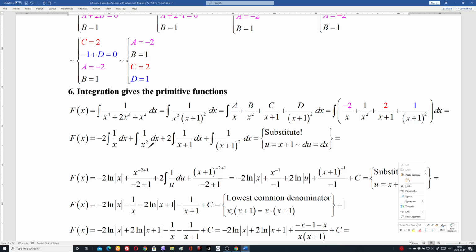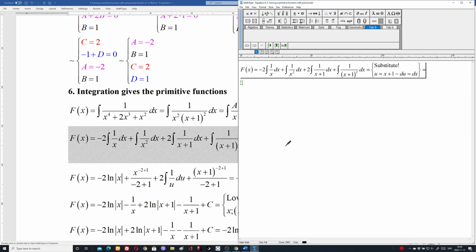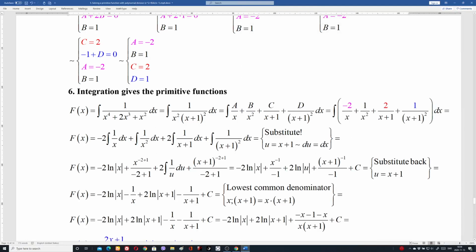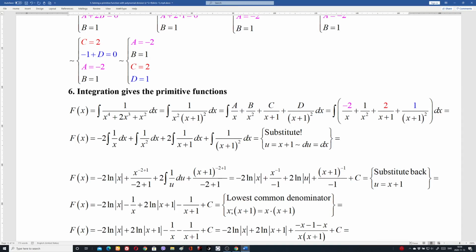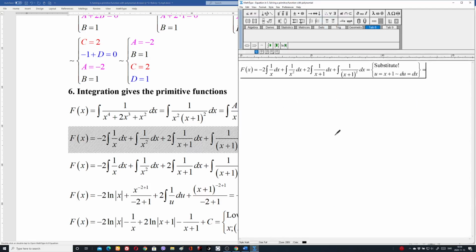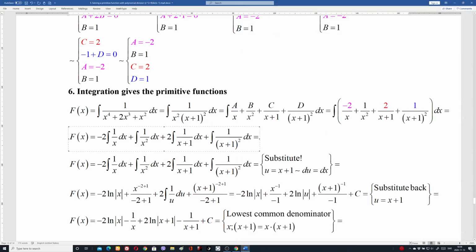x minus 2 plus 1. Let me write, this one is not good. Let me write. I will copy here. So let me take down this one here. So, okay.